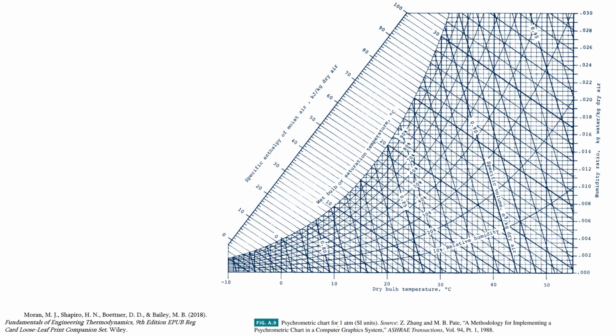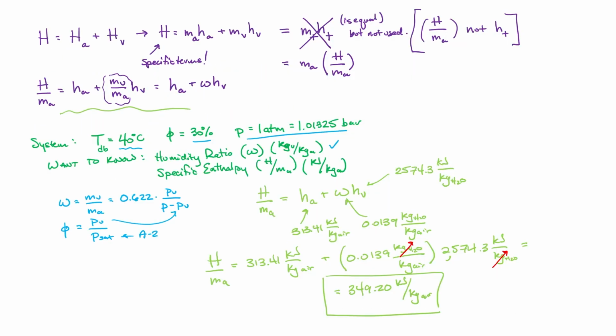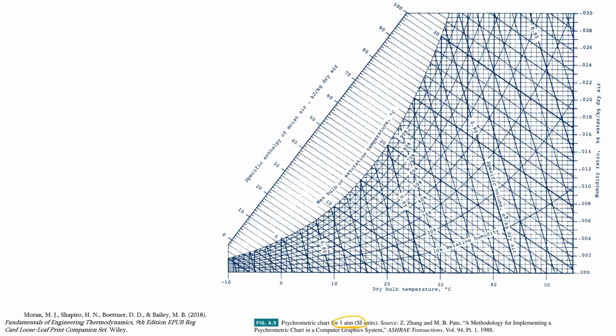Specifically, this is a psychrometric chart for 1 atmosphere, which is why I gave you a question at 1 atmosphere. And what this guy is going to do is it's going to have all of our different pieces on it, and we can just move. If we have 2, we can find anything else we're after. So in our case, I have given you a dry bulb temperature of 40 degrees Celsius.